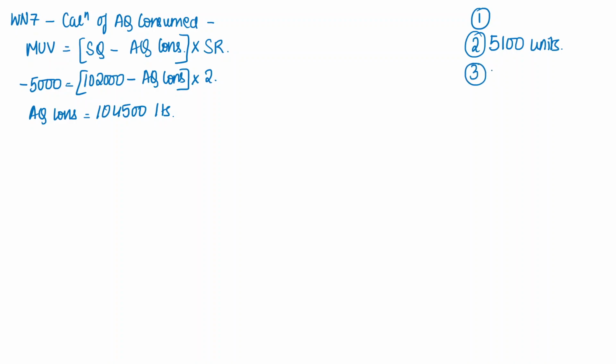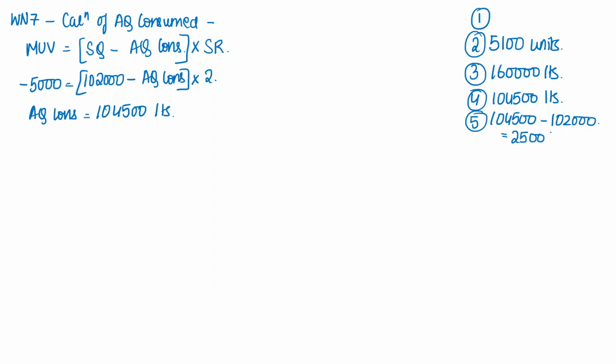Number of liters purchased. 1,60,000 liters. Yes or no? Consumed quickly. 1,04,500. Number of liters above standard used. 1,04,500 is what you have consumed. You should have consumed 1,02,000. So you have consumed 2,500 liters above excess. Yes.